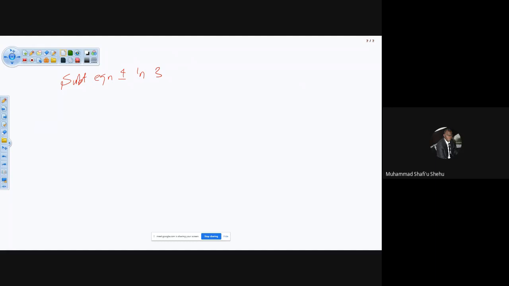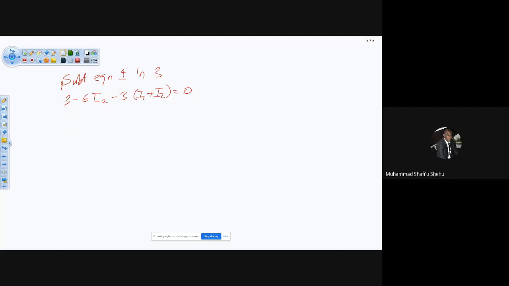And it's going to be like this. Remember, this is 1, we are substituting in 3, and the equation will be 3 minus 6 I2 minus 3 into I1 plus I2 equal to 0.